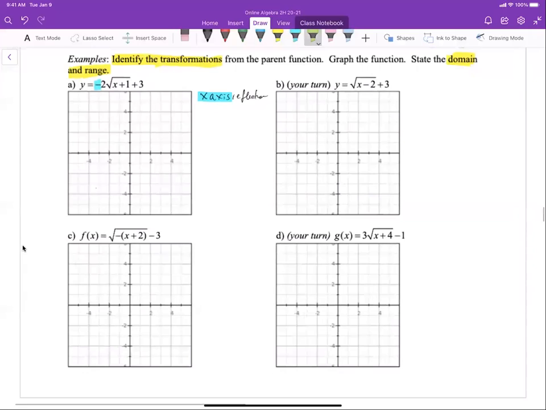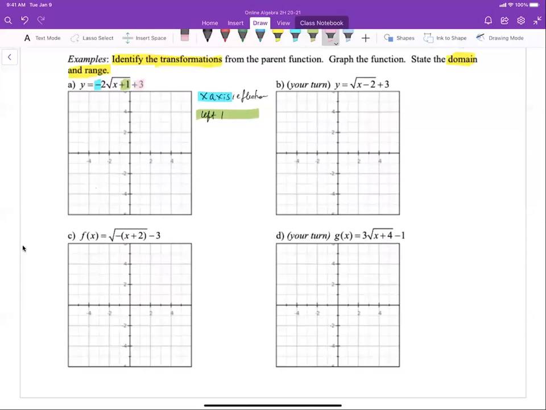And then I have this +1, and that is again inside the parent rule, so that is horizontal. And so what does that do? That shifts left, so that is left 1. Remember, if it's positive, it goes left. If it was negative, it goes right.